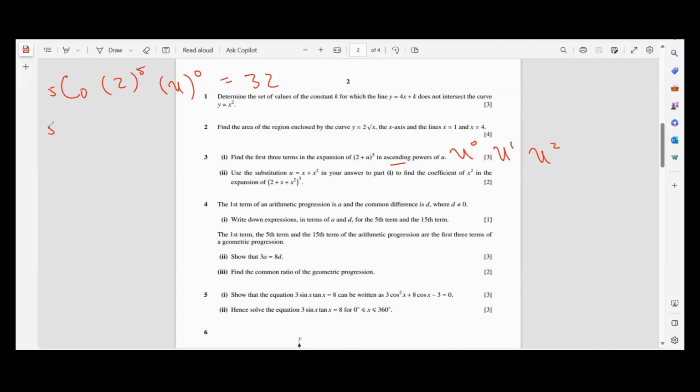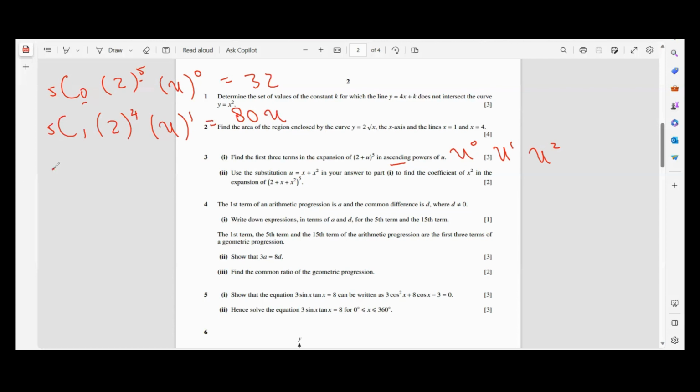And then I increase the value of r to 1, which is 2 to the power 1. This 5, I decrease the power to 4. This is u to the power 1. So I will get 80u.